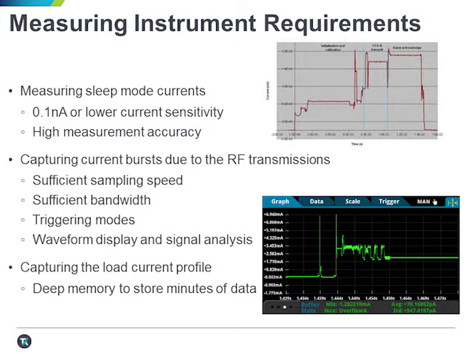For the active state RF transmission modes, you need the bandwidth and sampling rate to capture the current bursts. To obtain what you want to analyze, you need triggering options, particularly if you need to correlate a specific current with controller actions. The ease with which you can display waveforms and waveform data helps your analysis. Furthermore, having a deep memory enables collecting operating profiles.